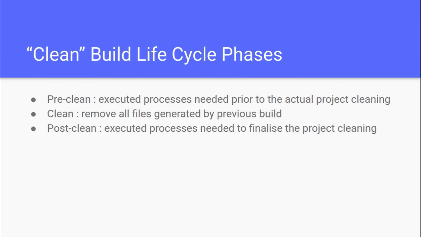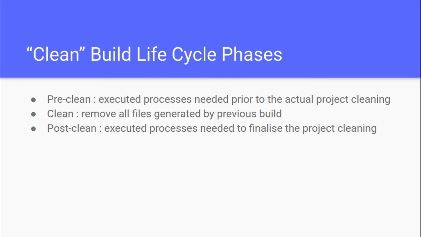This particular build lifecycle has a total of 3 phases: pre-clean, clean, and post-clean. In pre-clean, Maven executes all the necessary tasks that have to be done prior to the project cleaning. Now, what do we mean by project cleaning? This will be clear from our second phase. Project cleaning means removing all the files that were generated by the previous build.